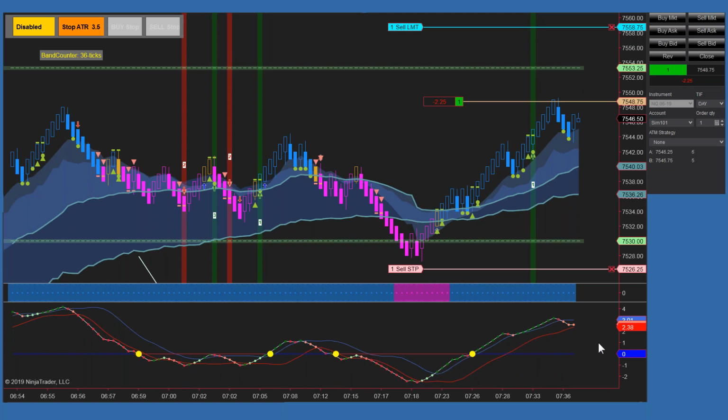All right, there we go. We got a little bit of a bullish push. So here now the retest of the breakout, and we'll see whether the buyers have what it takes to get the breakout going.